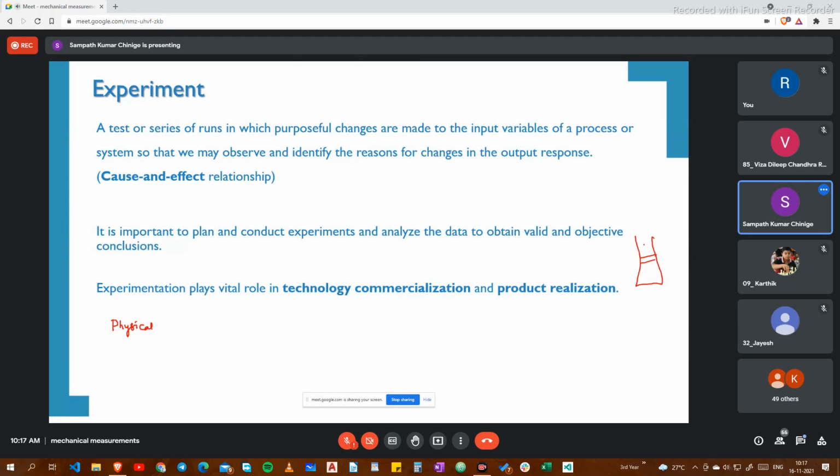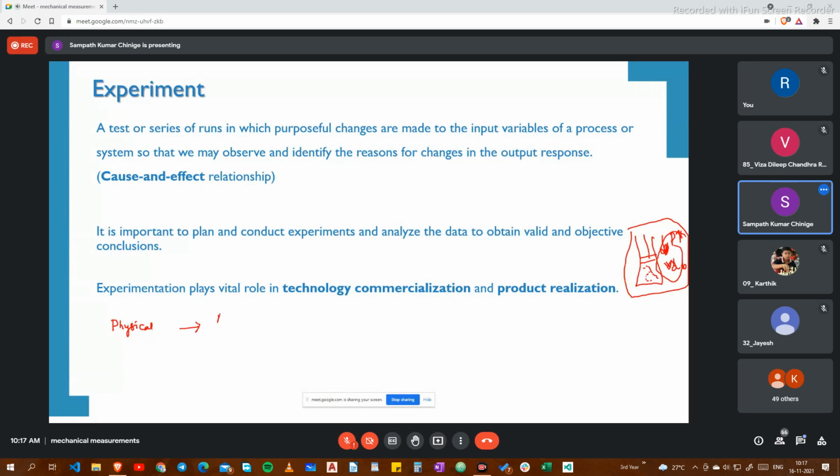You have a piston, and there is some gas inside. When you apply some force downwards, when you apply pressure, your volume will reduce. When you increase the pressure, your volume will reduce. So you know this particular phenomenon.